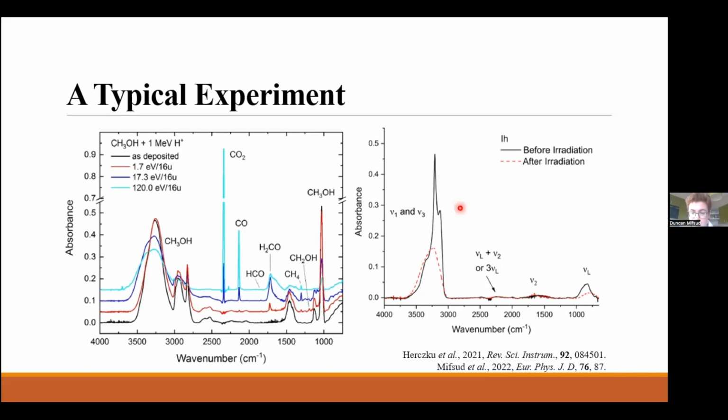On the right-hand side, there are the infrared spectra for an experiment in which we irradiated hexagonal crystalline water ice, this black spectrum here, with 2 kilo electron volt electrons. And what you can see most prominently is that the band not only decreases in size, but it radically changes its shape.